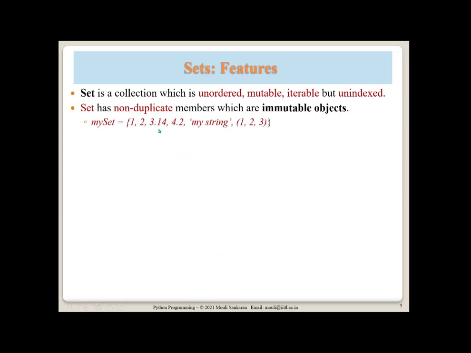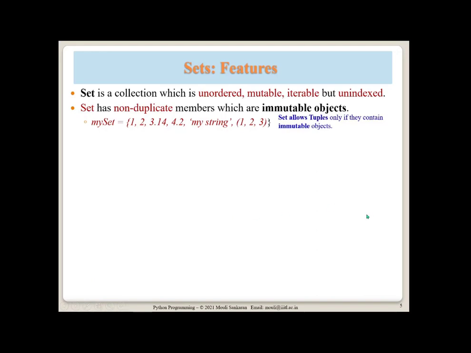Now, I may have different kinds of objects, as I said, but they are all immutable. A tuple is immutable, a string, and any float or integer values are immutable objects. So they can be formed as a set.